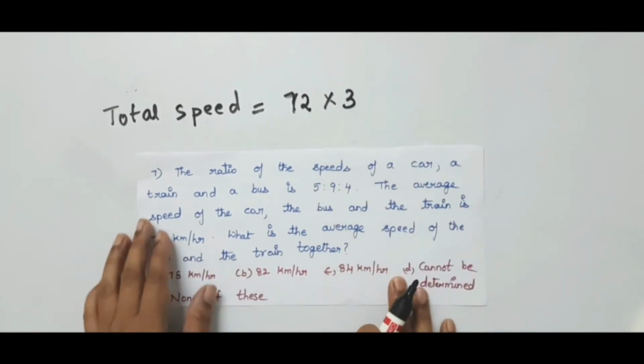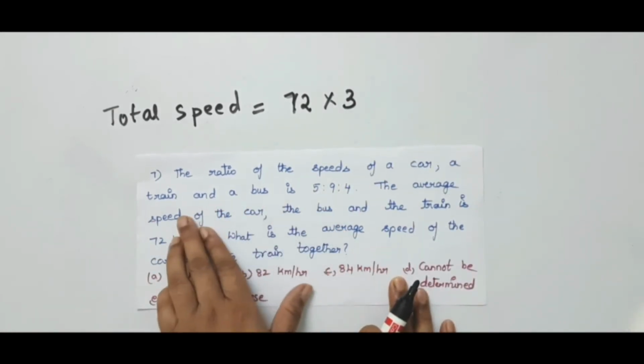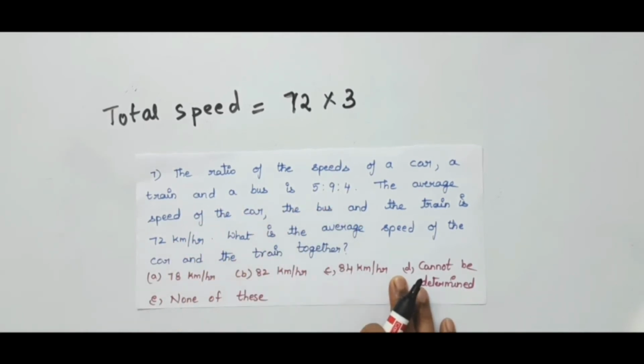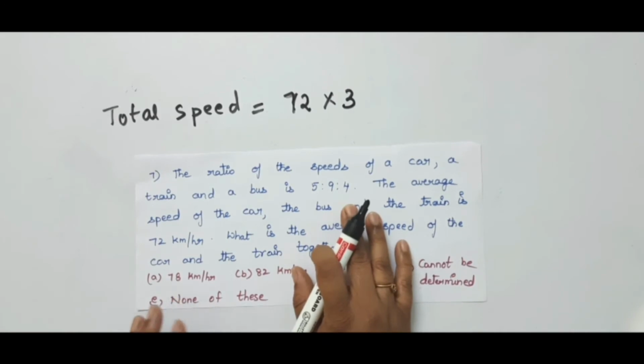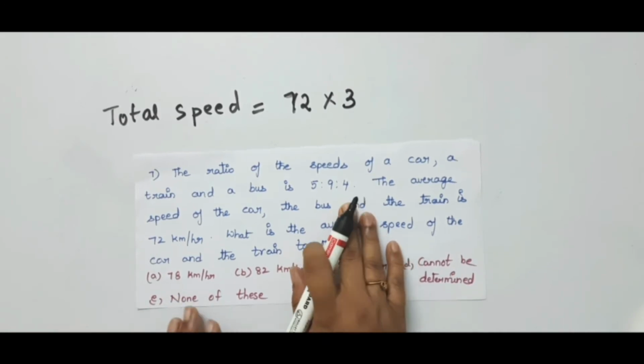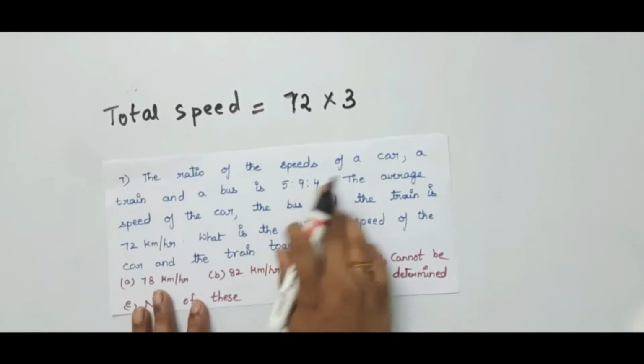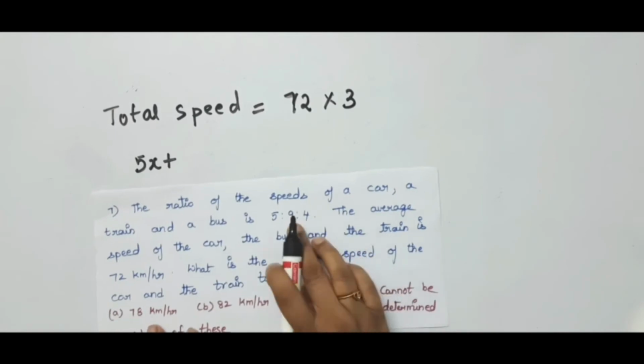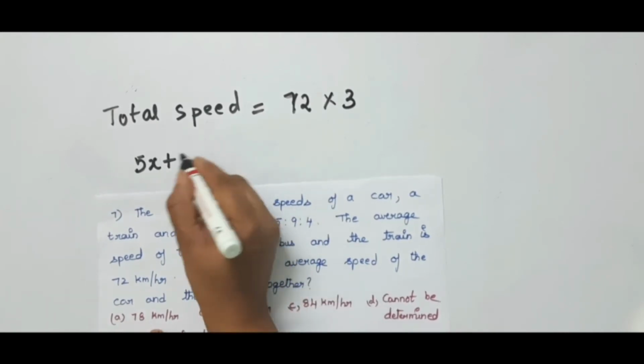He has given the ratio of speeds of the car, train and bus as 5:9:4. When they give the ratio, we can easily write it by taking the speed of the vehicle as x, is it not? So the speed of the car will be 5x, plus the second value, the speed of the train, becomes 9x.